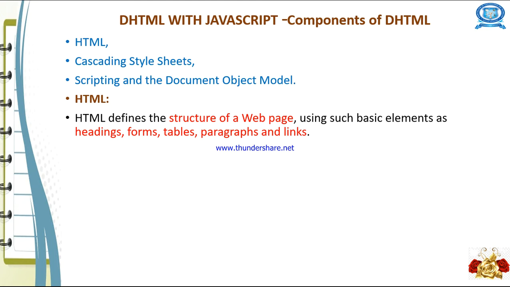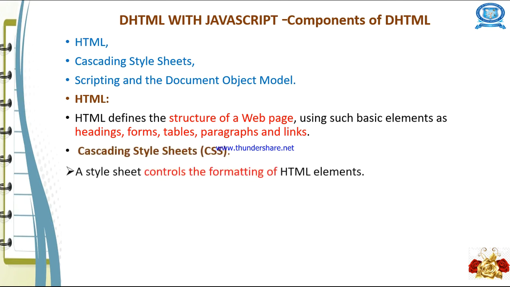Normally HTML defines the structure of a web page. Assume any one web page: HTML defines the structure of that page by using basic elements such as headings, forms, tables, paragraphs, and links.